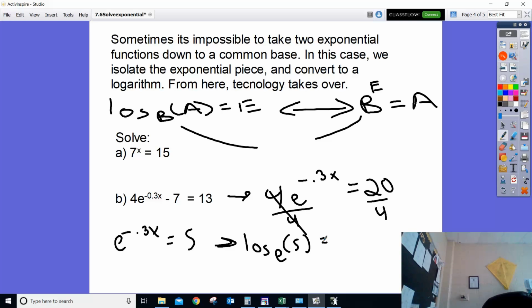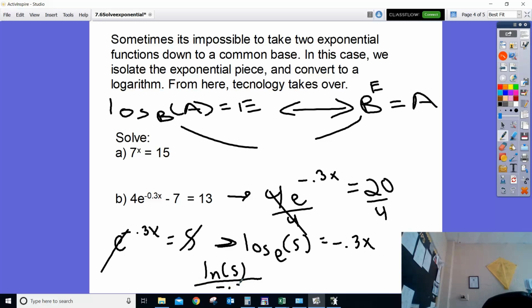Yeah, the only thing left, negative 3/10 of x. You want to know how we rewrite log base E? ln, natural log, right? What are we going to divide out with that x? Negative 3/10.